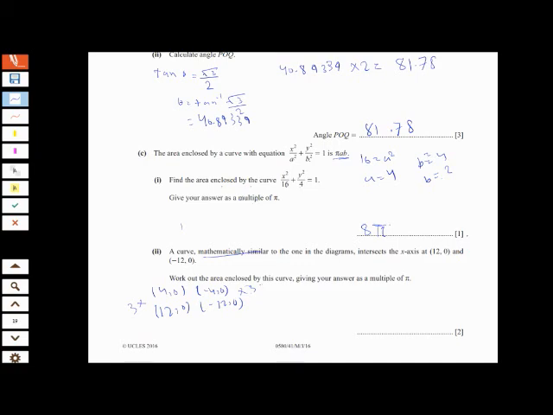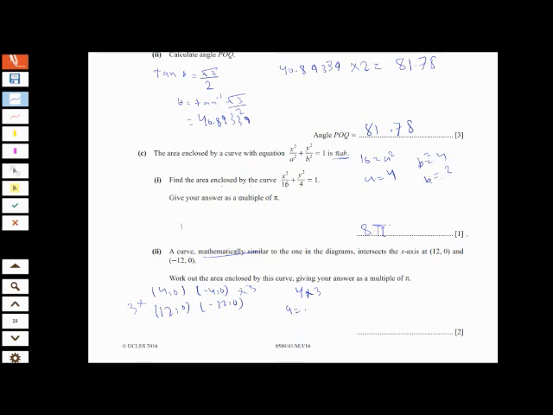Now we know that the area enclosed of the first graph is 8 pi. First, a equals 4 as we said earlier and b equals 2. So let's find the new a. The new a must be 4 times 3, which means it's 12.